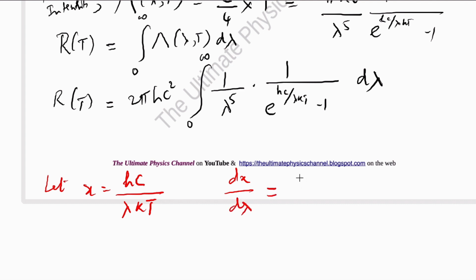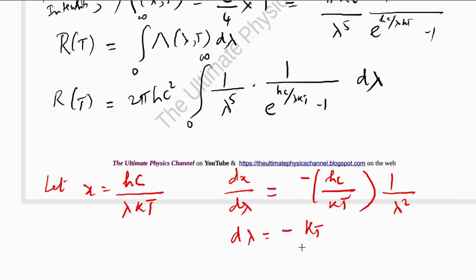Differentiation of this is going to be minus hc over kT times 1 over lambda squared. Then we can write d lambda as minus kT over hc lambda squared dx, right?